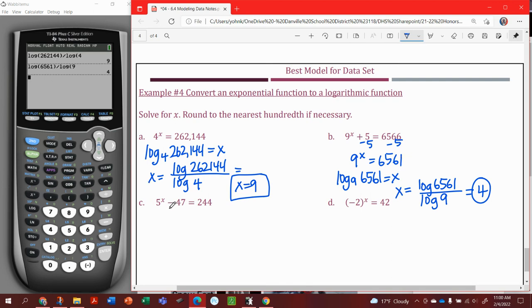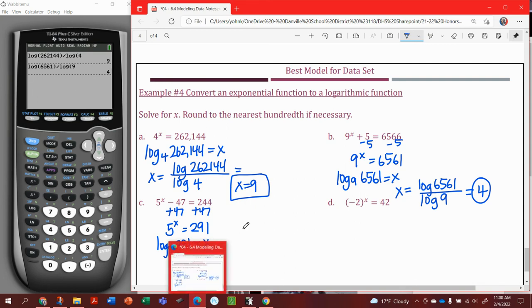If I do letter C, I need to add 47 to both sides before I do anything. 5 to the x equals 291. Then I need to change it to logarithmic form. So log base 5 of 291 equals x. Now I need to use the change of base formula. So x equals log of 291 divided by log of 5.